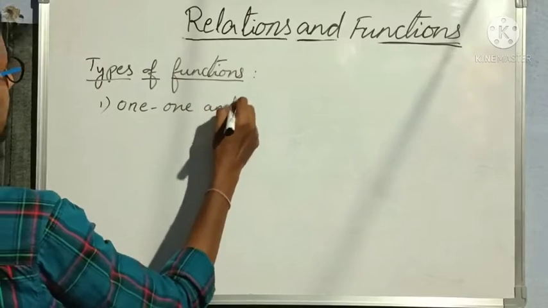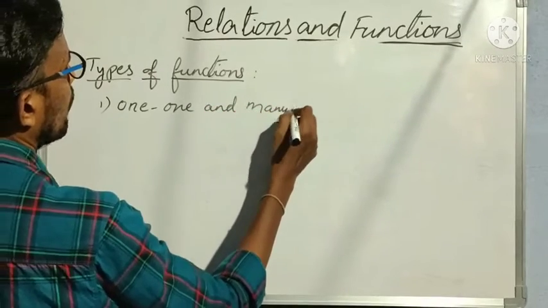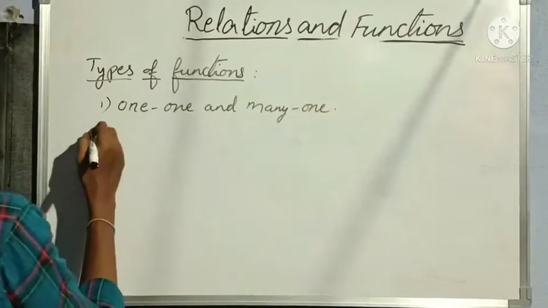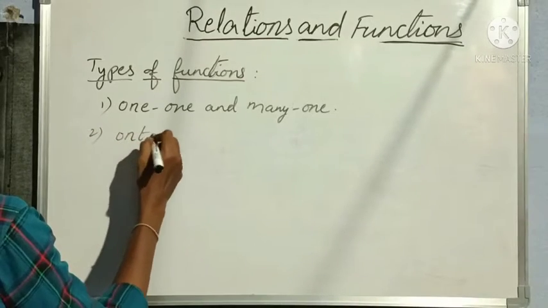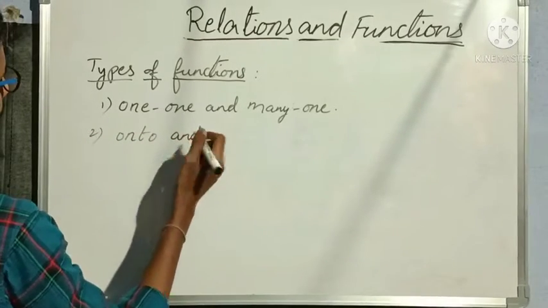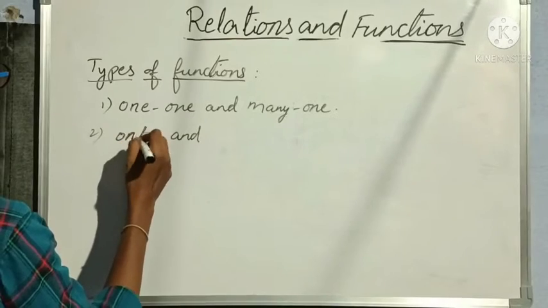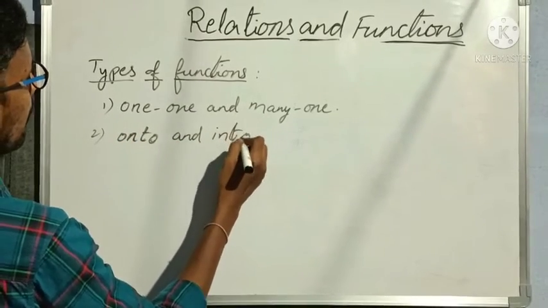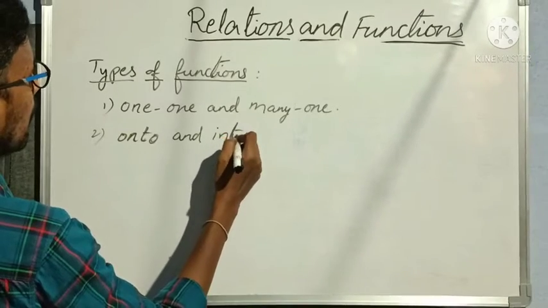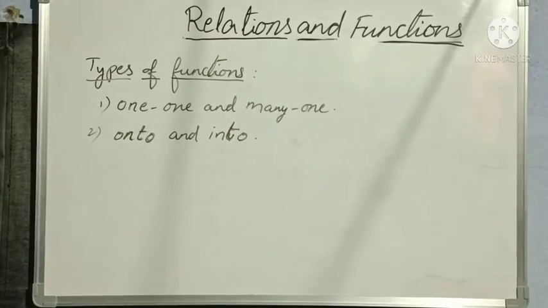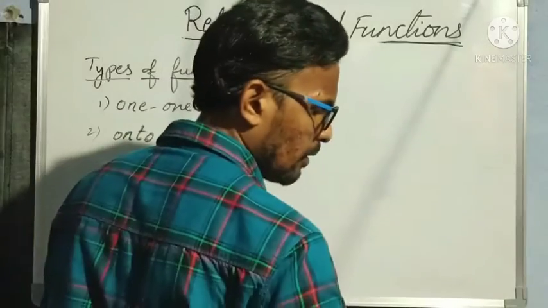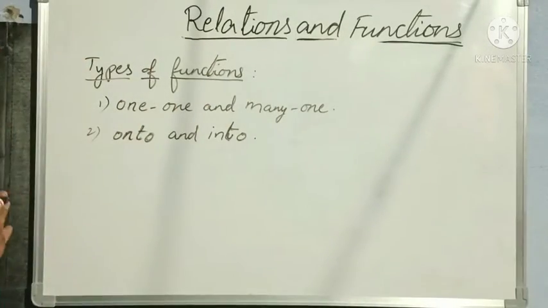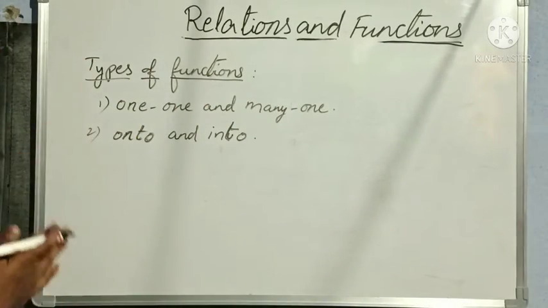One-to-one and many-to-one. Second one, onto and into. These are the types of functions. Now let us see what is one-to-one, many-to-one, onto and into.